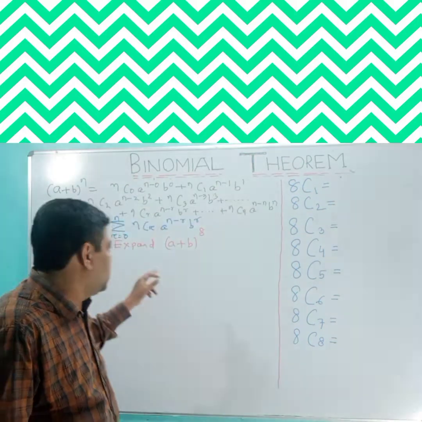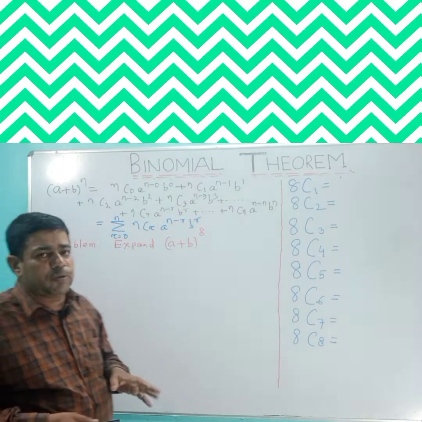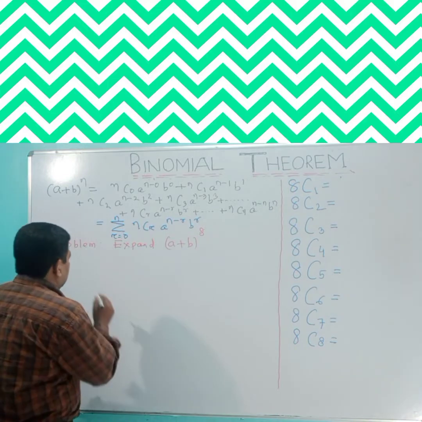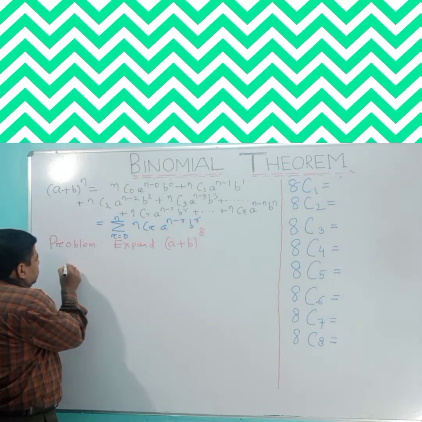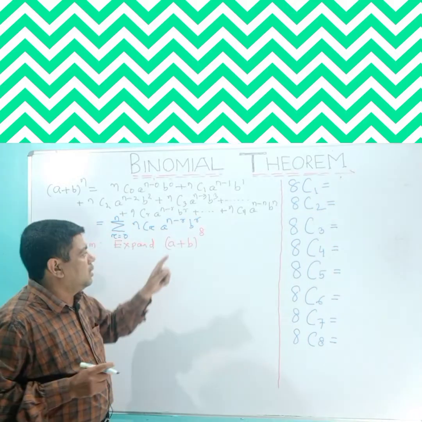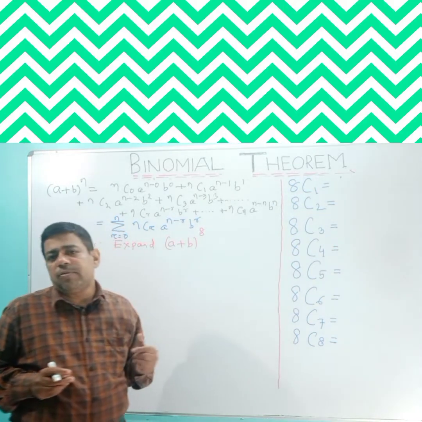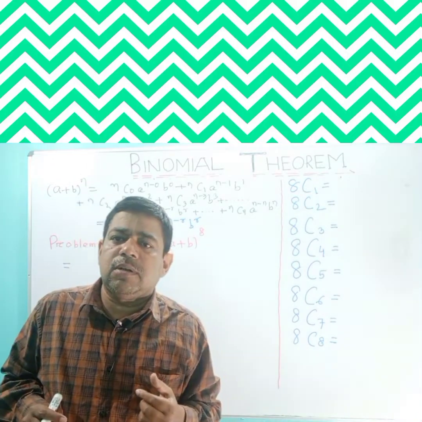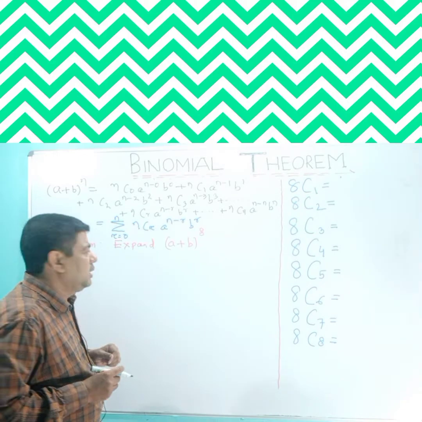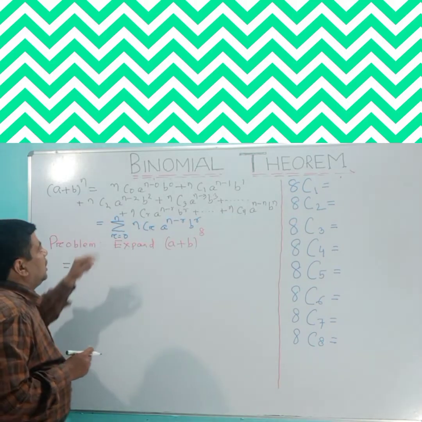Here the question is: expand a plus b whole to the power 8. Using this format, we are going to find the binomial expansion of the power 8. Here the value of n is 8. Let us see this formula.